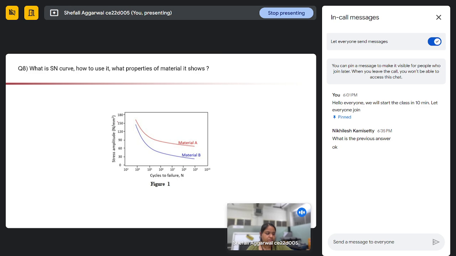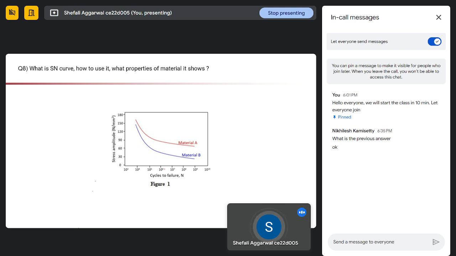Does anybody want to say a few words or add something about the S-N curve? We have already discussed it. If we see, these are the two S-N curves. Any point where failure occurs, the number of cycles at which failure occurs is called the fatigue life.